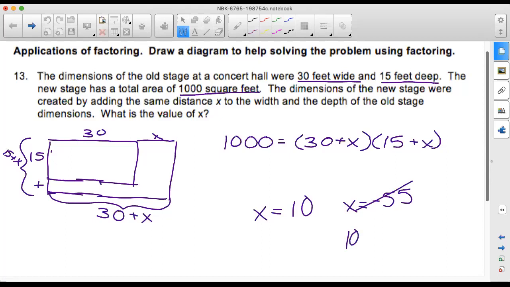And that's how you would write your answer. They're asking what the value of x is. You could just say x equals 10. They're not even asking for a label. So this is the new part of this problem that we've been doing. We've been foiling. Questions on this one?